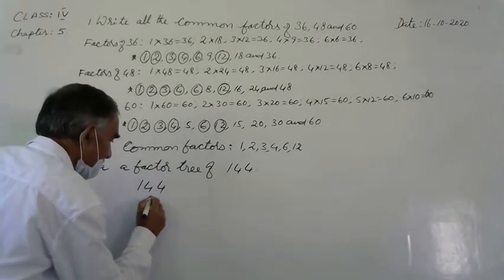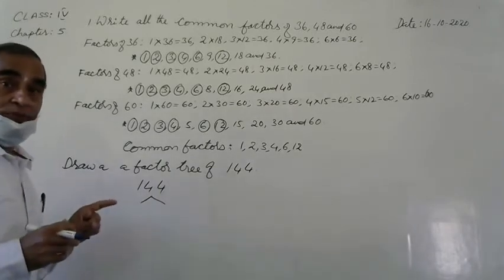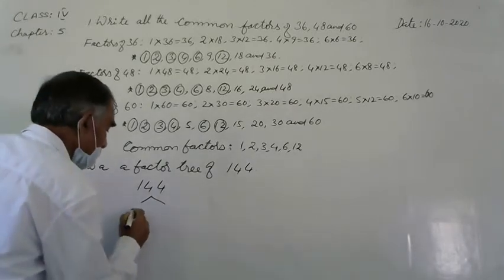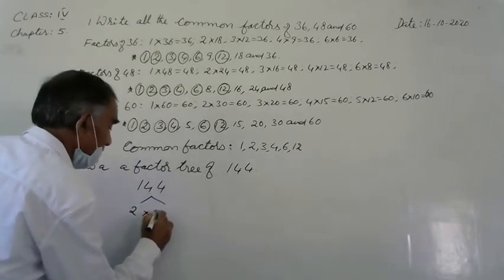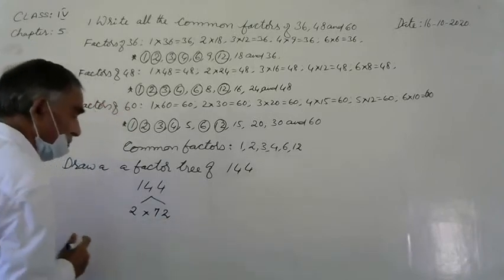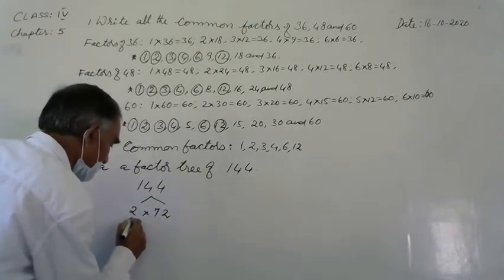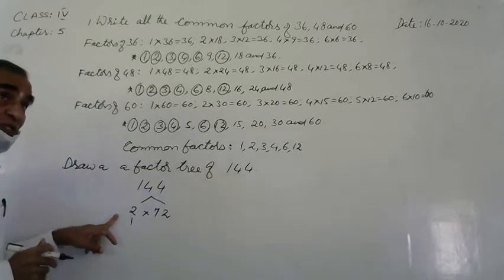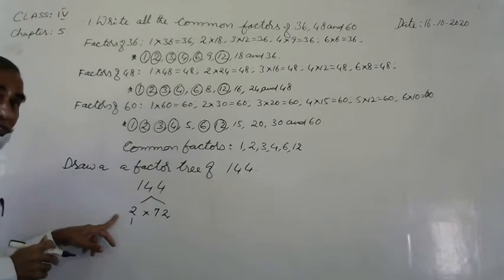You split this number into 2 factors, but not one and the number itself. Here next, 2 into 72. 2 72s are 144. The 2 is a prime number because you cannot split it into 2 factors except one and the number itself.